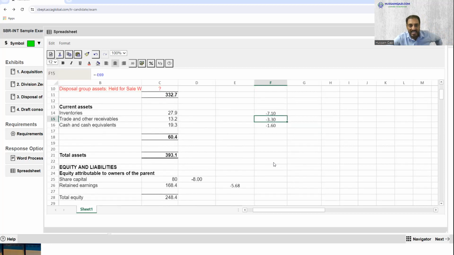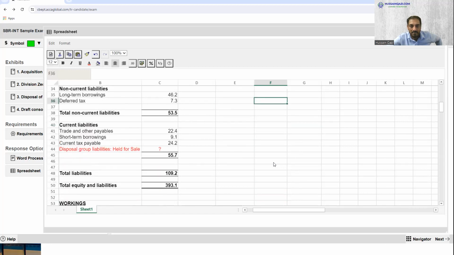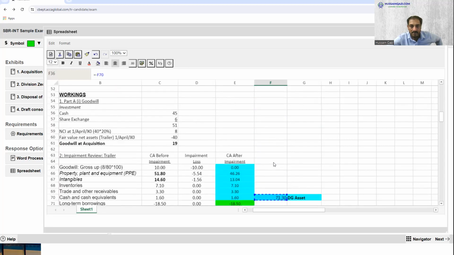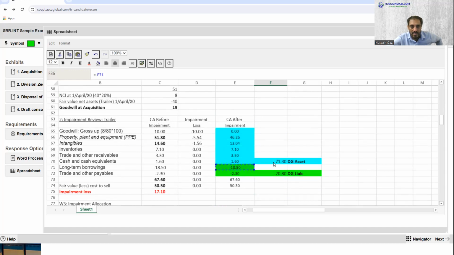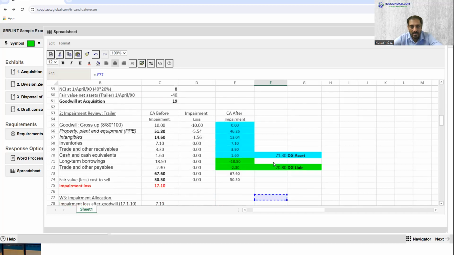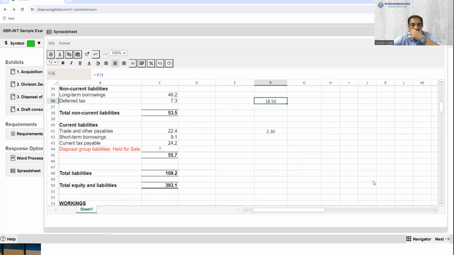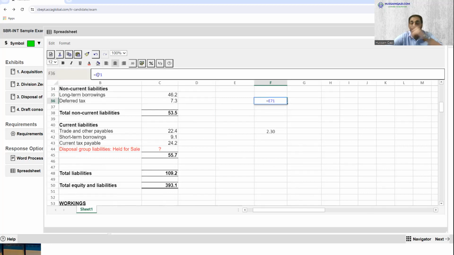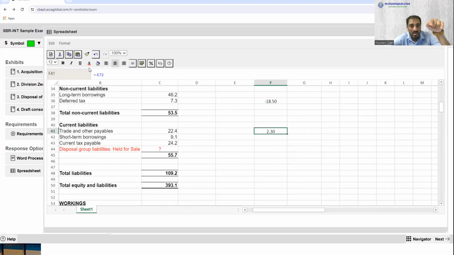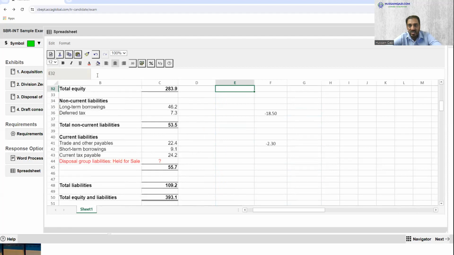Same case with the liabilities. Reduce long-term borrowings, trade and other payables. The figure is already in minus in the table, so you don't need to mention the minus sign.